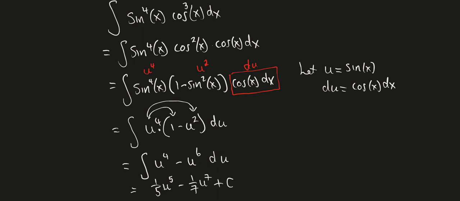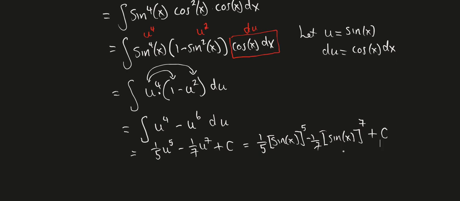And again, since I don't have any limits of integration, I have to go back and write my final answer in terms of x. So wherever there is a u, we're going to plug in the sine of x. So this is 1/5 sine of x to the fifth power minus 1/7 the sine of x to the seventh power plus c.